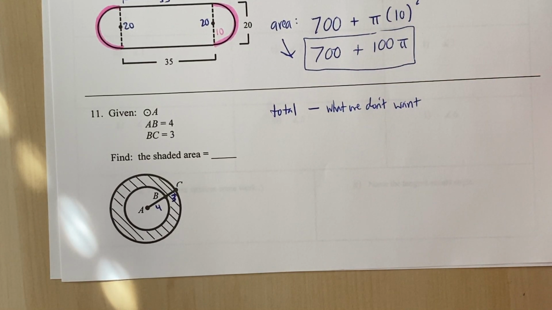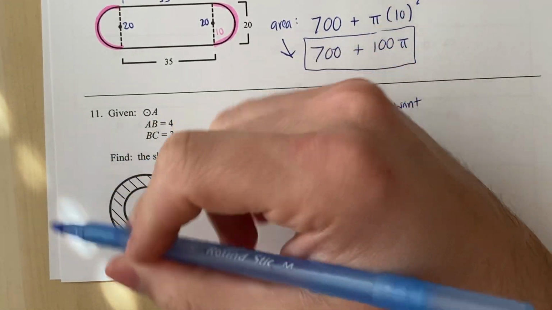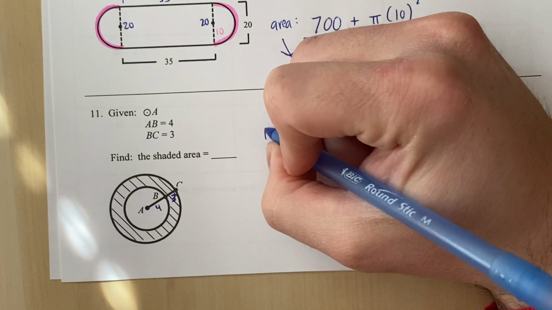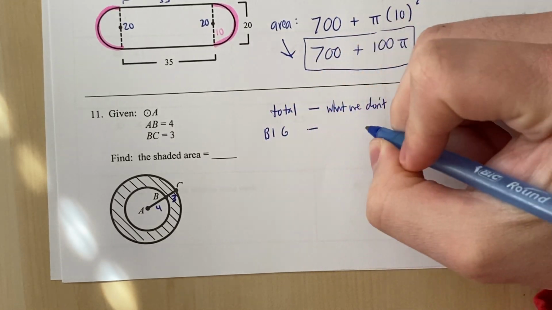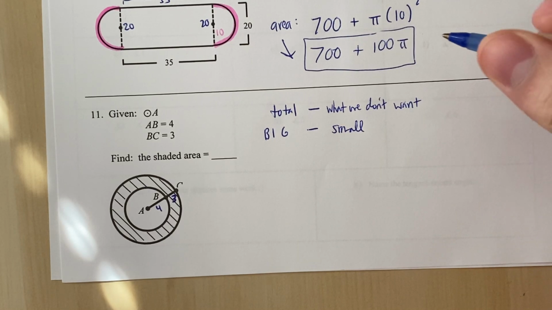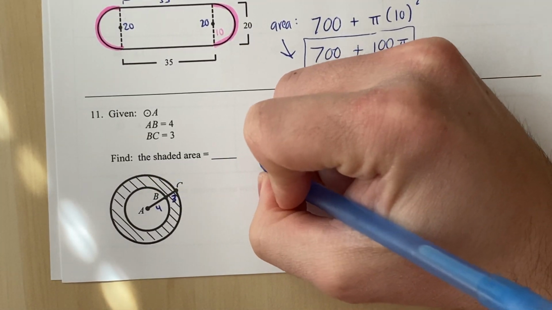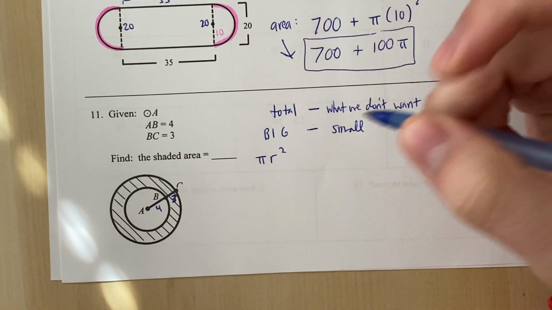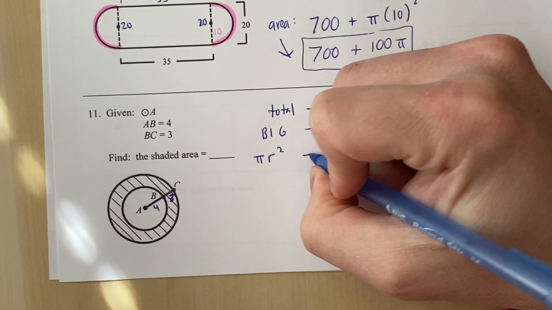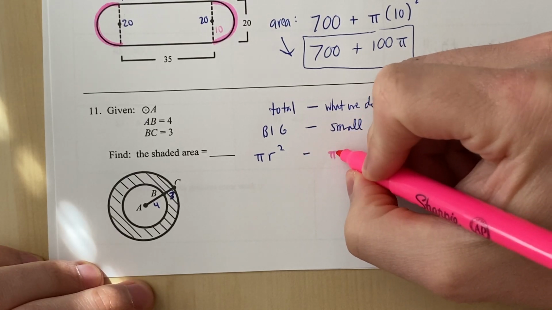So the total picture is the big, massive, huge circle. That's the big circle. And we're going to subtract away the small circle. If we're doing area, nice and easy, it's going to be pi r squared for this big one minus pi r squared for the small one.